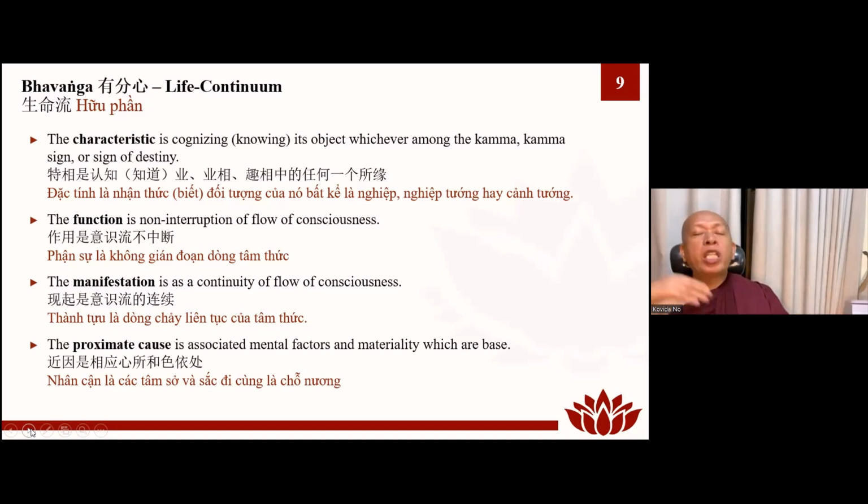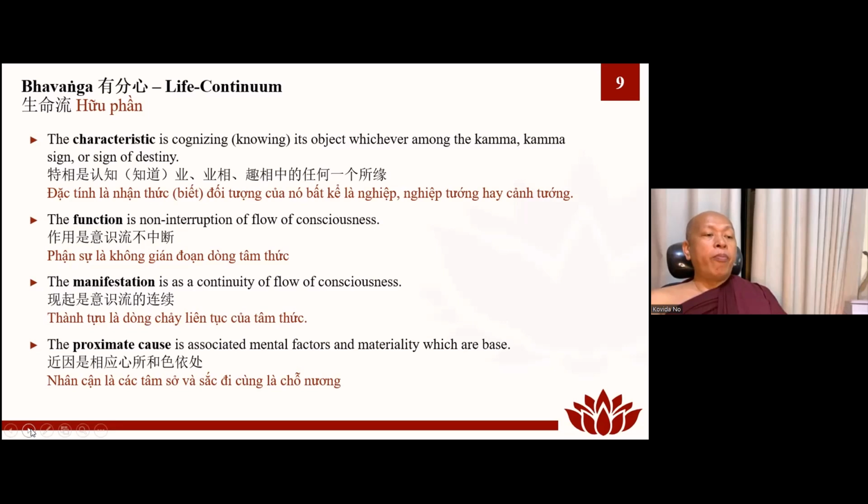For example, when we are sleeping, life continuum consciousness arises. That's what we call continuity of flow of consciousness. But in a dream, we have conscious and unconscious moments and can know objects. At that time, we cannot say life continuum. So the manifestation is also as a continuity of flow of consciousness.